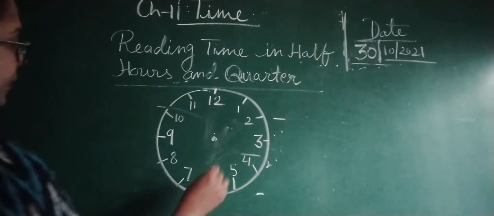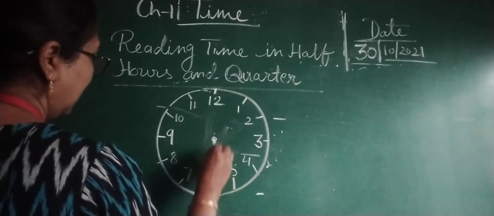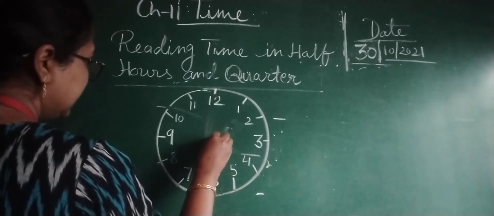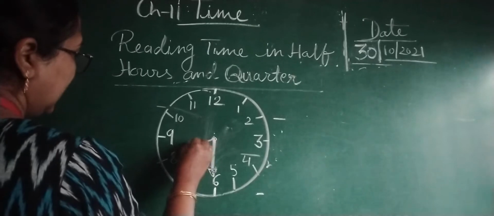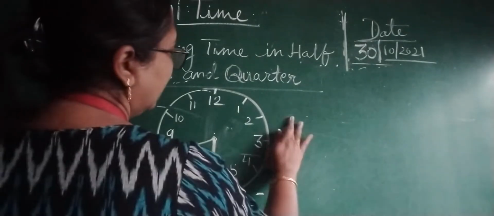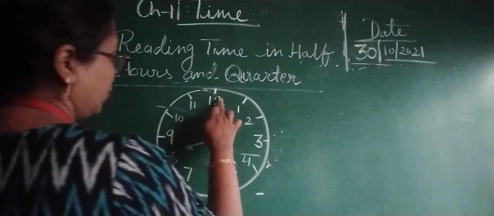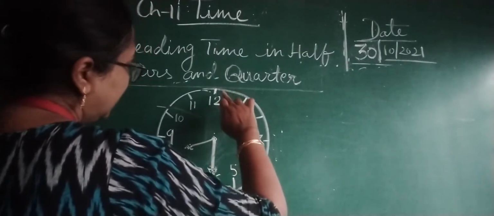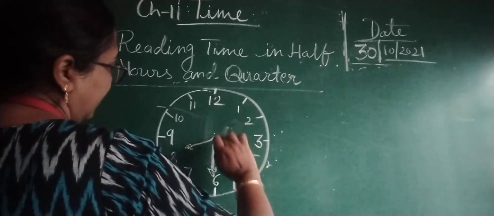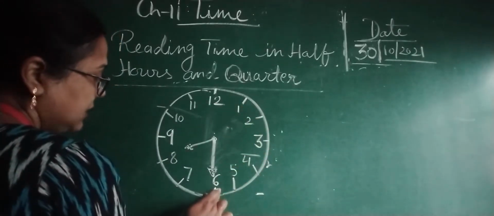Look here, the bigger hand is at 6, and the shorter hand is in between 8 and 9. So this is what we will say, this is 8:30, because 8 बज चुका है, and the minute hand has moved already to 6.